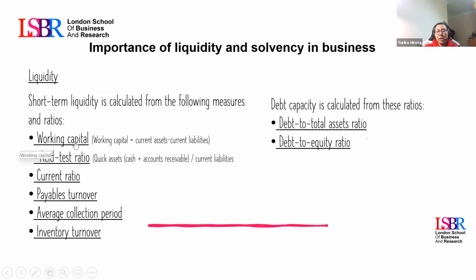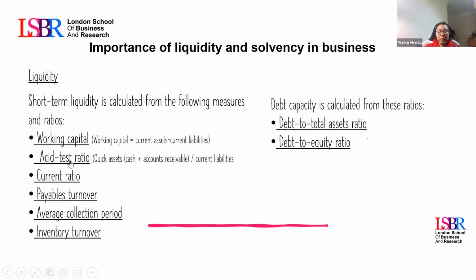For example, we have working capital, where the formula is current assets minus current liabilities. What this ratio is saying is that if we subtract the obligations from the rights, we can see which is the money that the company owns, and probably based on that, the company could think if it can raise cash or not.